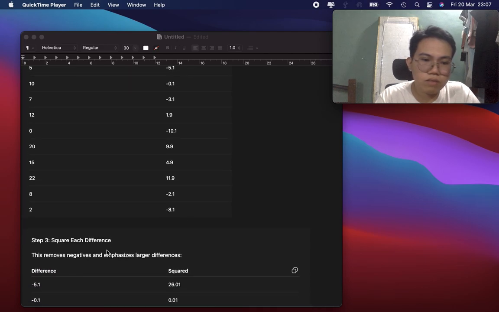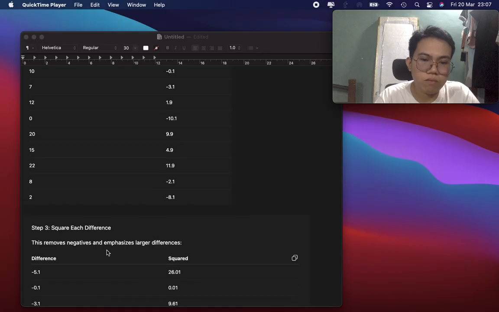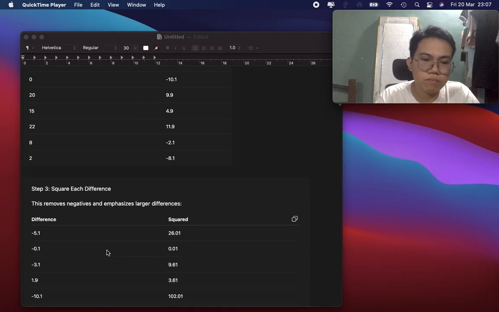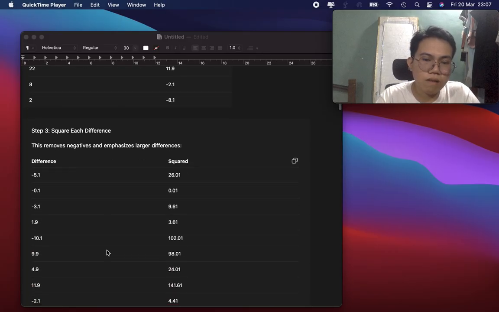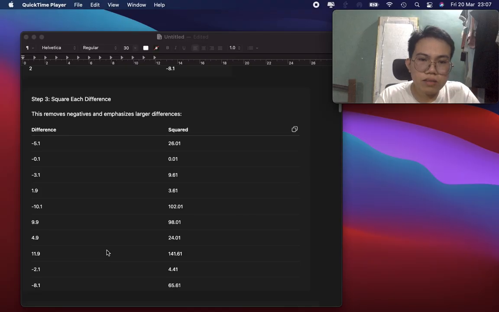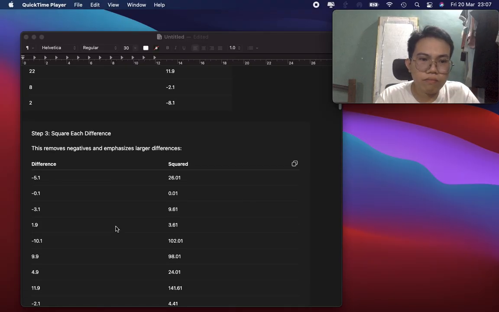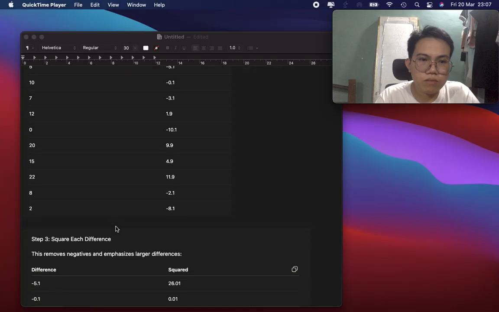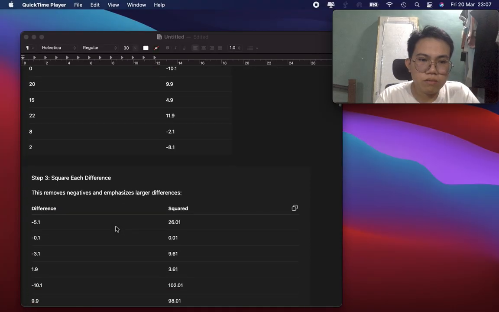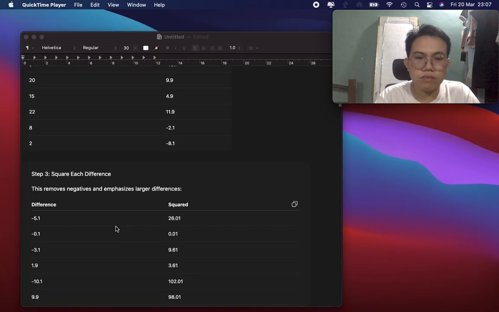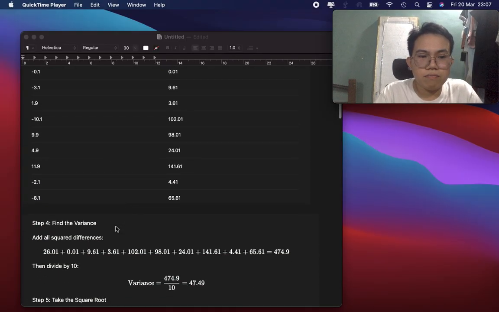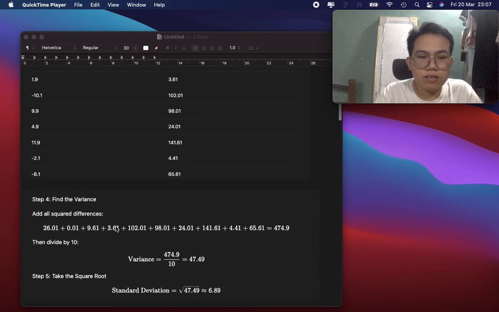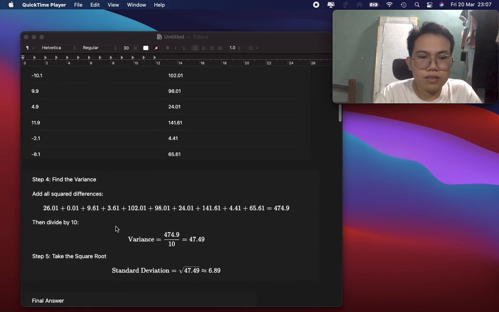When we square negative 5.1, we get 26.01. We do this to avoid negative values, because the standard deviation represents the typical distance from the mean. So let's get the variance of it.